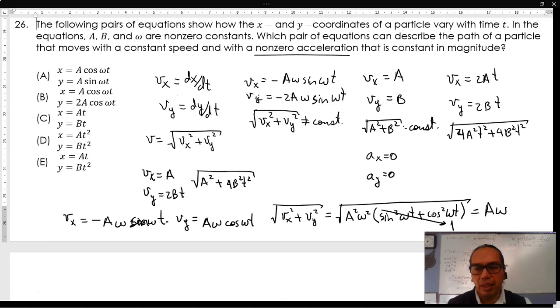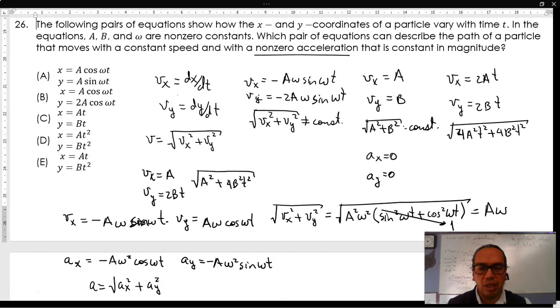On the other hand, the acceleration ax is equal to minus a omega squared cosine of omega t, ay is equal to minus a omega squared sine of omega t, and a simple calculation shows that the acceleration in magnitude also includes sine squared plus cosine squared, and so the final answer is a omega squared, which is also constant.